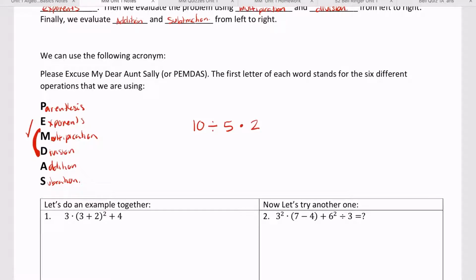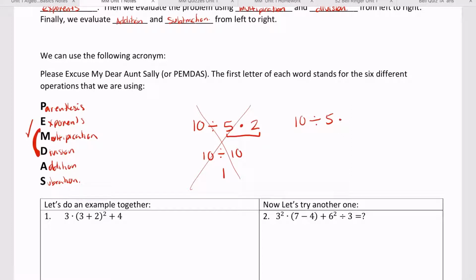Sorry, it's late. Anyways, if you were thinking, okay, I'm going to do the multiplication first, that would end up giving you 10 divided by 10, which gives you 1. All right? But the way you need to make sure you do this is left to right.